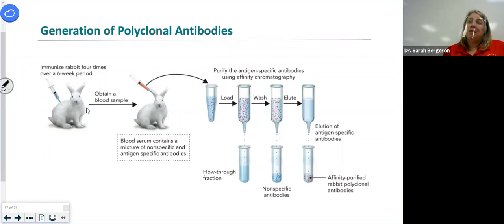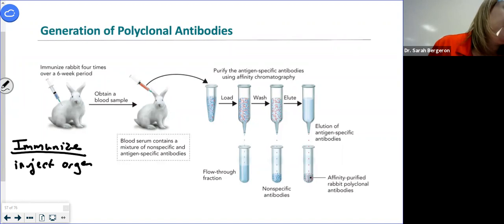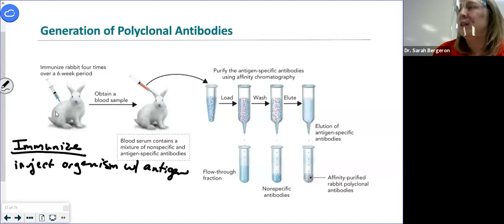What do you immunize them with? What does that mean when I say immunize? I'm injecting them with an antigen. So you inject the organism with antigen. Where did I get that antigen?